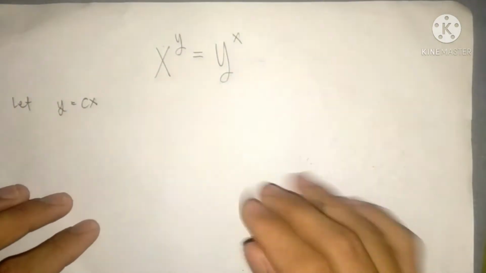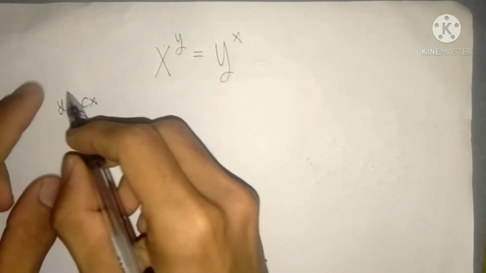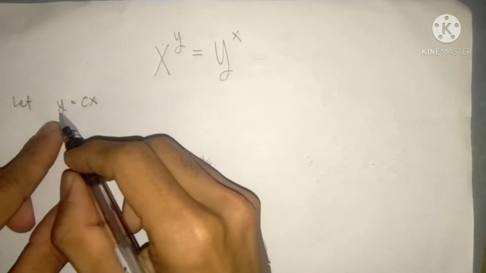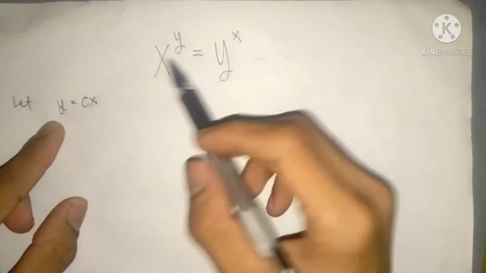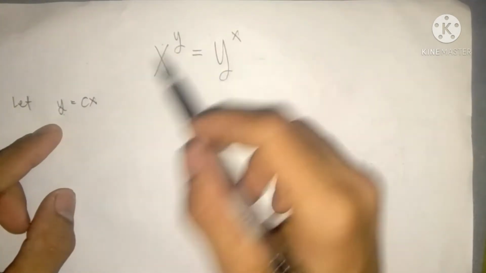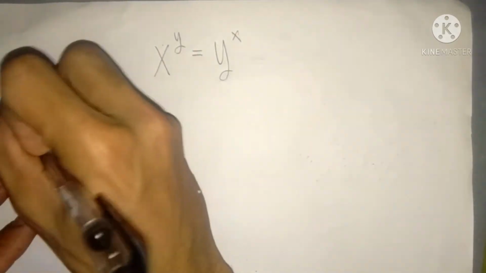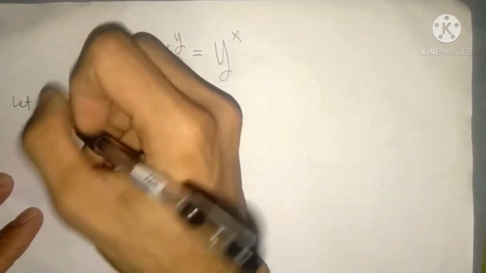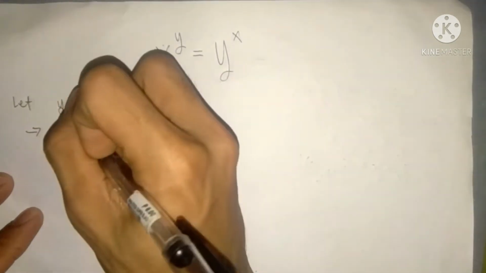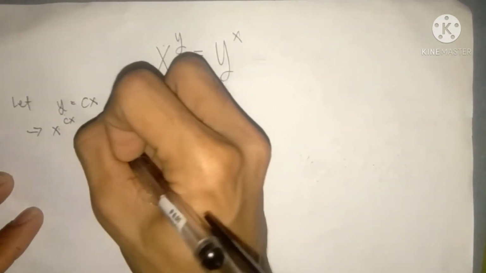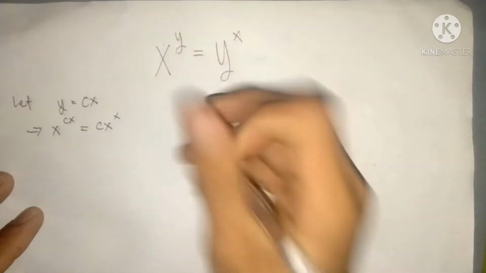So, c times x. Then, itong term na to, y, lahat ng makikita natin sa equation na to is substitute natin ang c times x. So, x raised to cx is equal to cx raised to x.